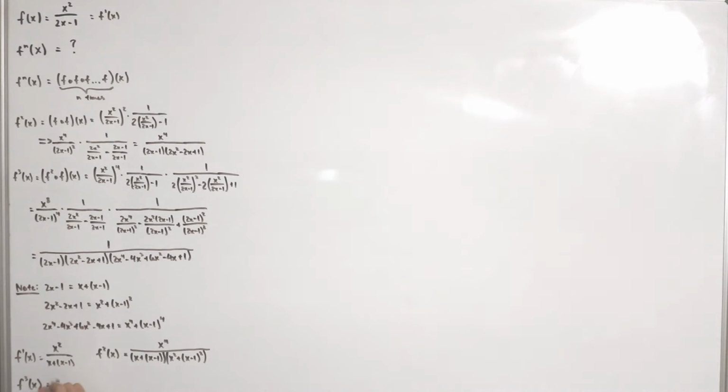We write the same denominator as before, so x plus x minus 1 multiplied by x squared plus x minus 1 squared, then multiplied by, okay, x to the 4th plus x minus 1 to the 4th. And then this is x to the 8th.